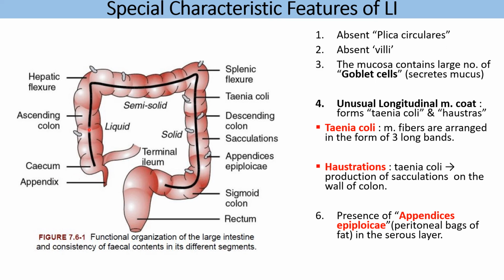This is the taenia coli, and these are the sacculations caused by the taenia coli, known as the haustrations. The large intestine also contains peritoneal bags of fat that project from the large intestinal serosa, known as the appendices epiploicae.